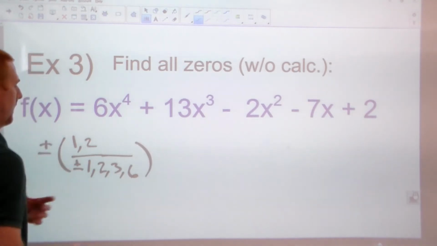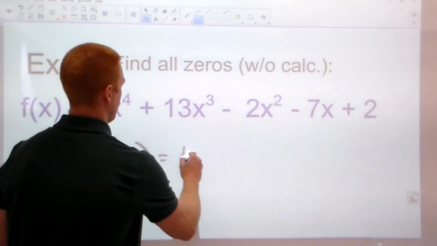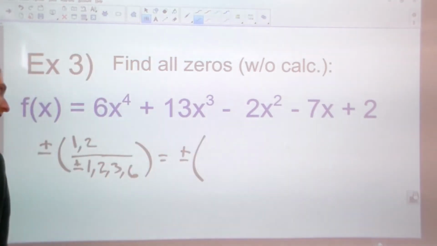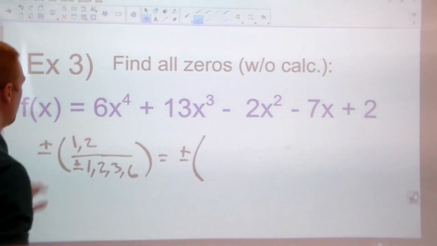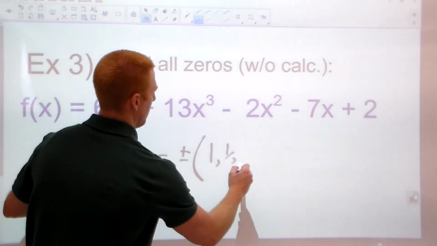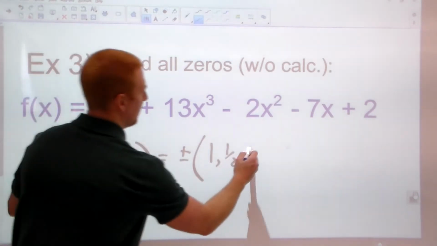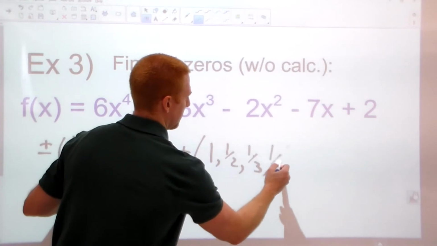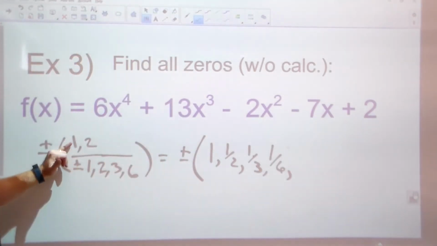That's not a very good way to leave it, so I'll put it in parentheses, plus or minus. We don't have to write everything twice. We could have 1 over 1. We could have 1/2. We could have 1/3. We could have 1/6. We could have 2.